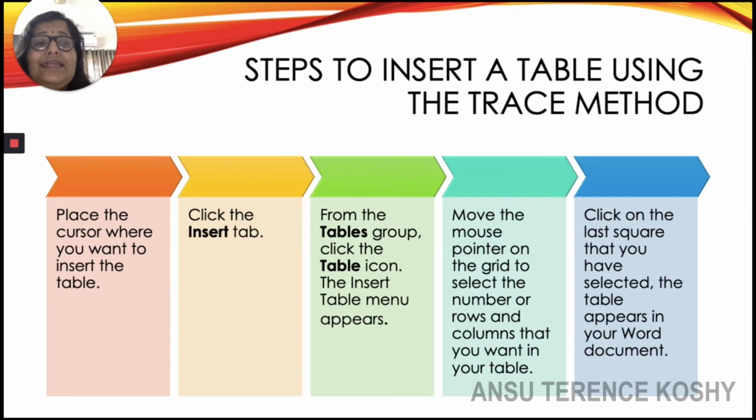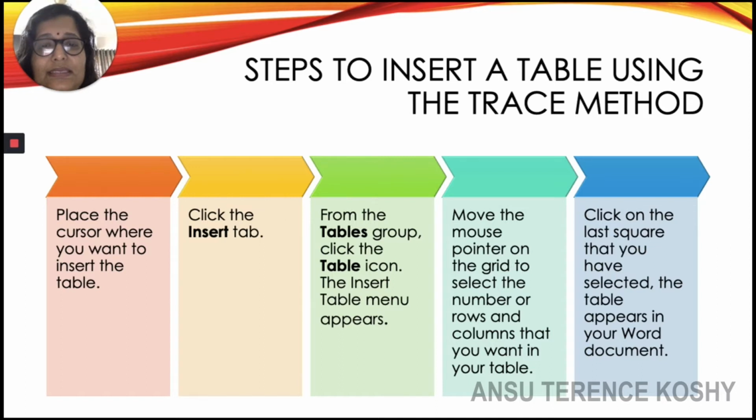Steps to insert a table using the trace method. Place the cursor where you want to insert the table. The first step is you need to place the cursor at the point where the table has to come. Then you need to click on the Insert tab.